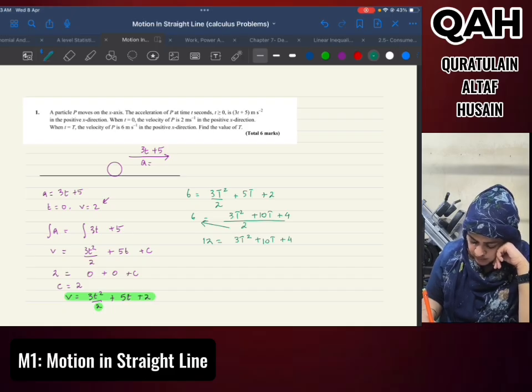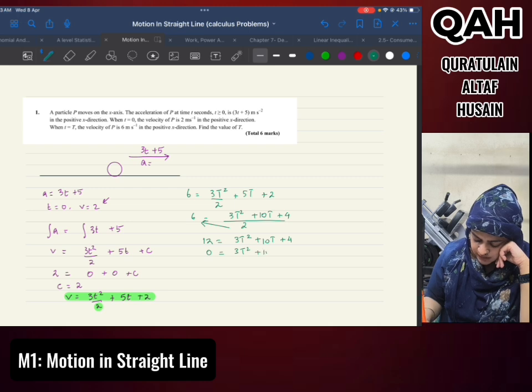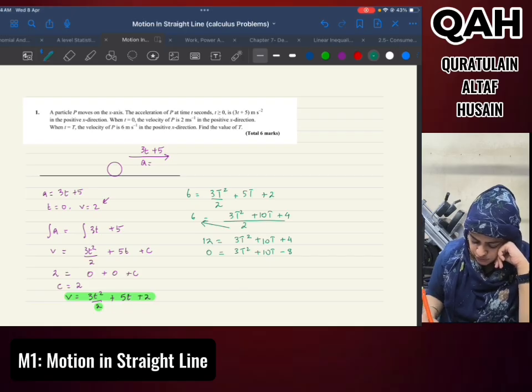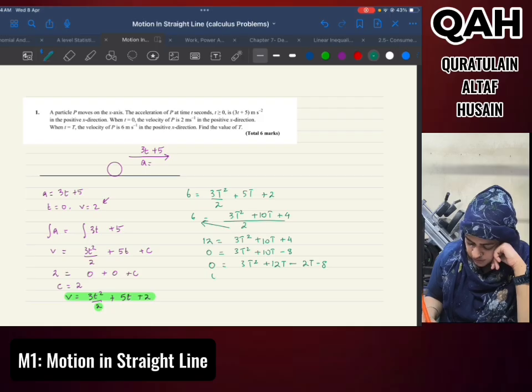We bring 12 on the other side, make this side equal to 0. 3T squared plus 10T, 4 minus 12 is minus 8. 3 into minus 8 is minus 24. 0 is equal to 3T squared plus 12T minus 2T minus 8. 0 is equal to 3T, bracket, we make factors, inside we have T plus 4 and minus 2.